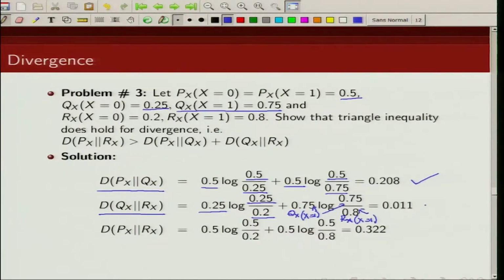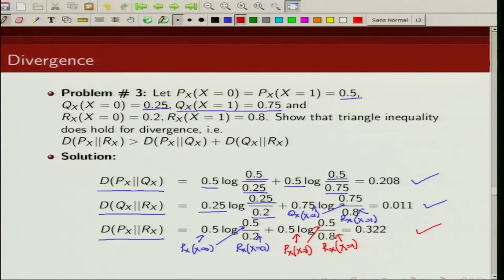This follows exactly from the definition of divergence, and similarly we can find the divergence between p and r. That is p of x, x equal to 0, and r of x, x equal to 0, and this is p of x, x equal to 1, and r of x, x equal to 1.